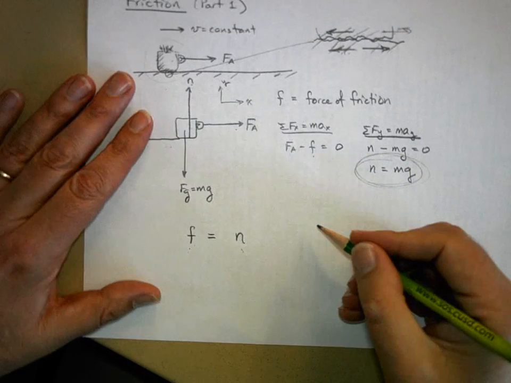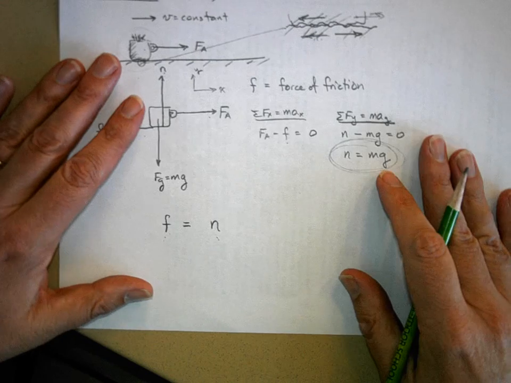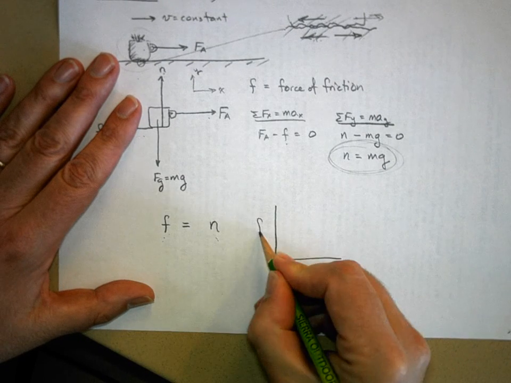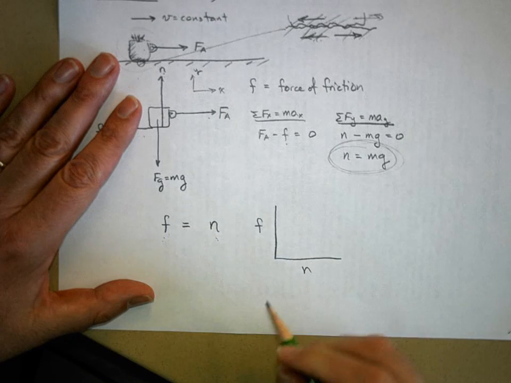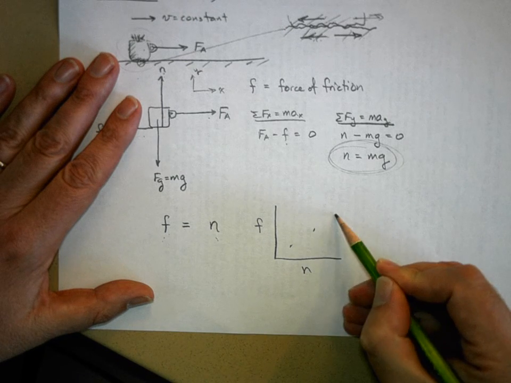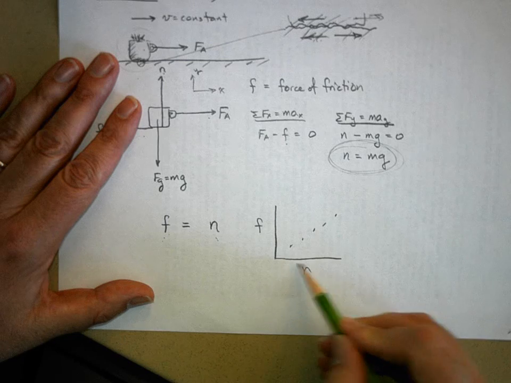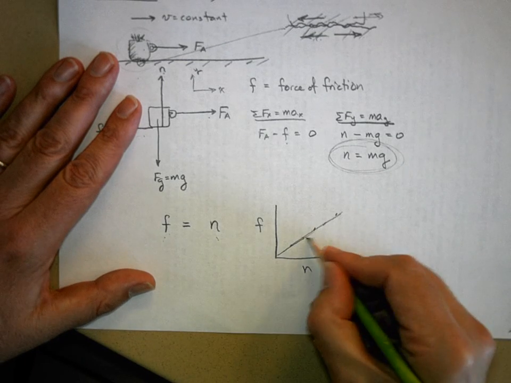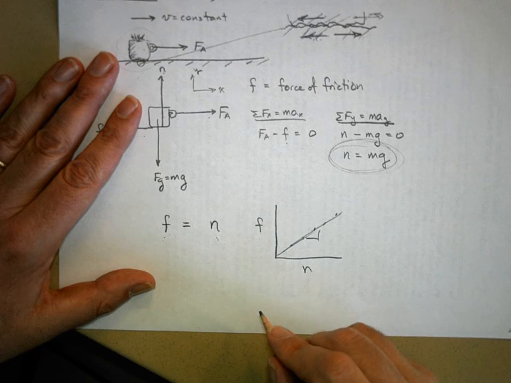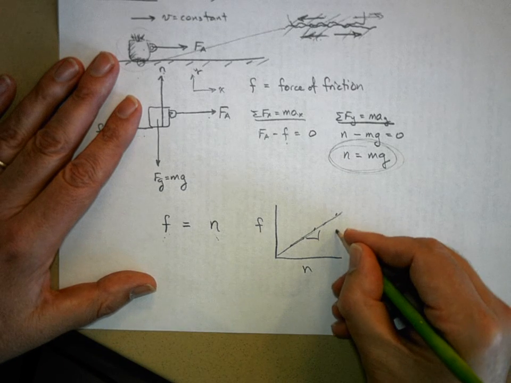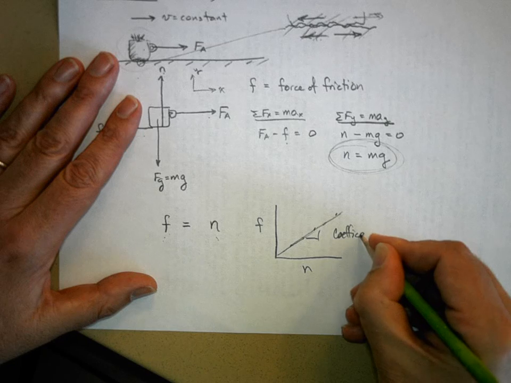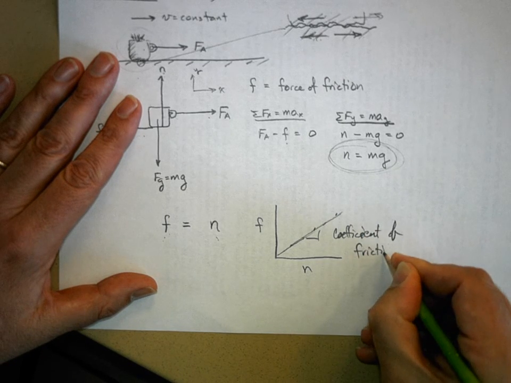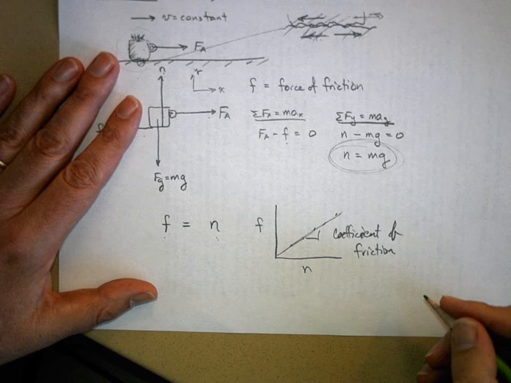So what I can do is draw a graph: friction as a function of the normal force. When I graph this with different normal forces and measure the friction, it becomes a straight line like this. And the slope of this line is called the coefficient of friction.